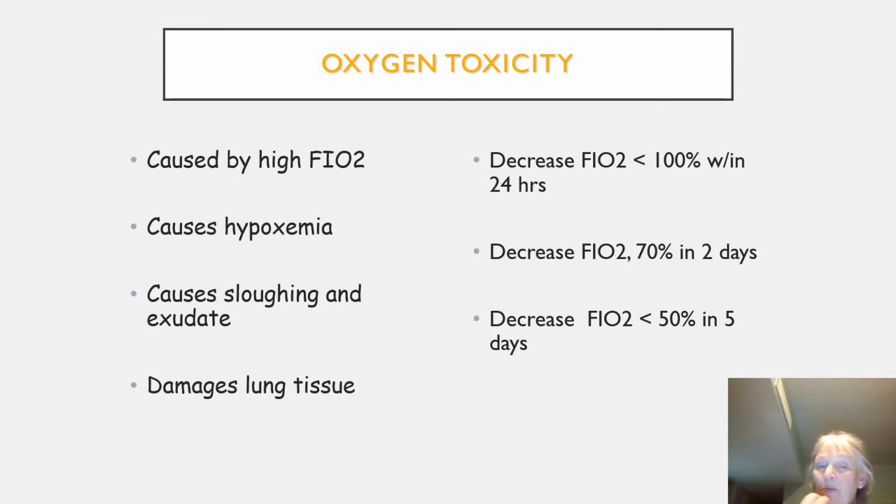However, that doesn't apply when it comes to the intensive care unit, and we'll talk about that in 4th semester. We also want to decrease that FiO2 to less than 70% in 2 days, and then less than 50% in 5 days. If we can do that, then we can save some of those alveoli. And then we're going to talk about the free radicals.